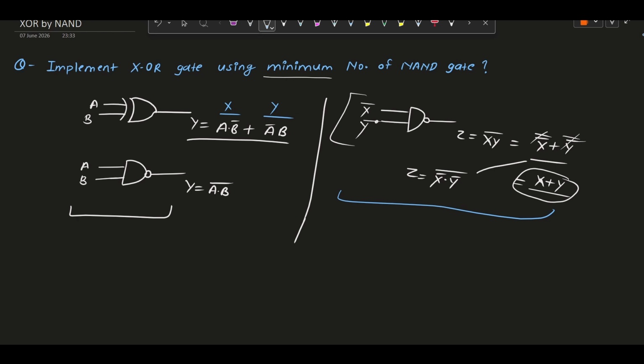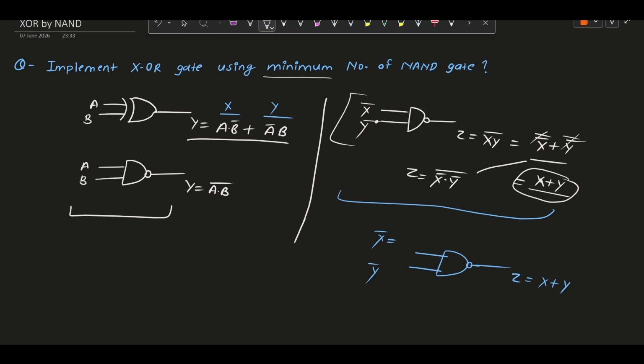Now come to the NAND gate. If there are two inputs, x and y, then we get the output z = x plus y when both inputs have the complement sign.